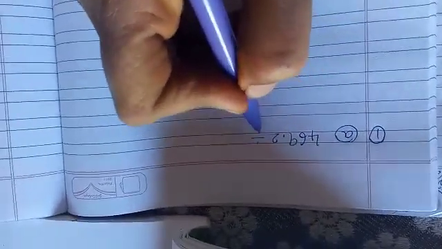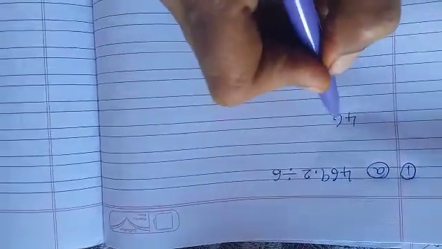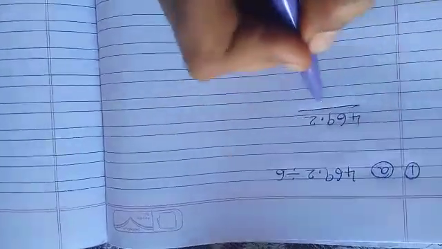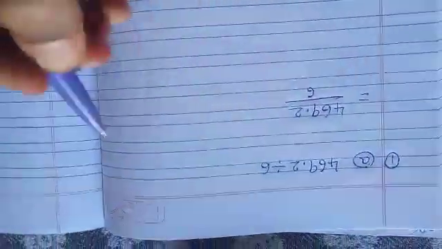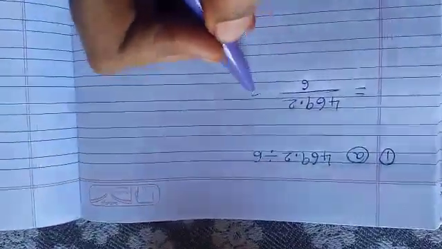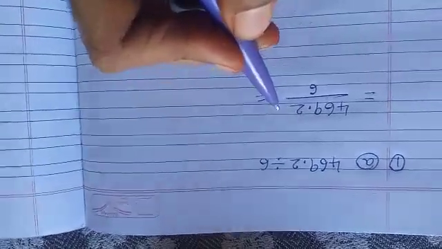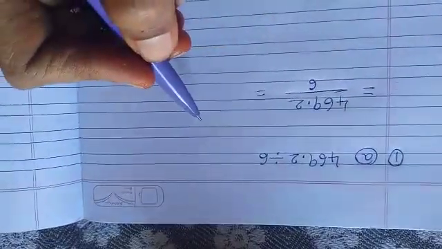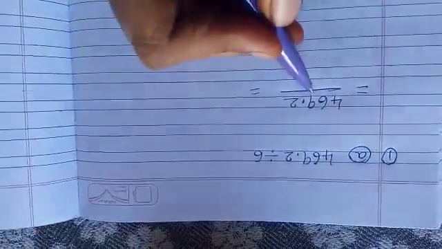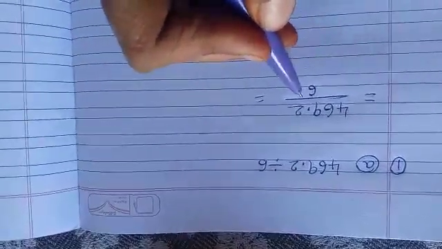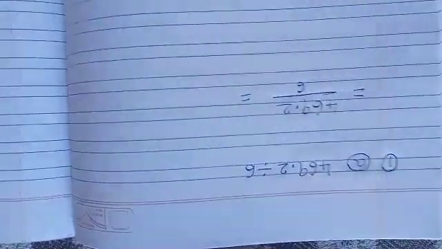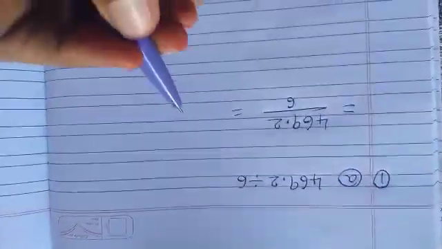469.2 divided by 6. That means we can write it as 469.2 by 6. If we move the decimal point, the number of places moved should be the same in both the numerator and the denominator.